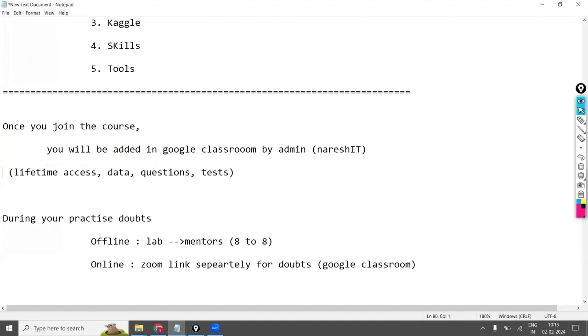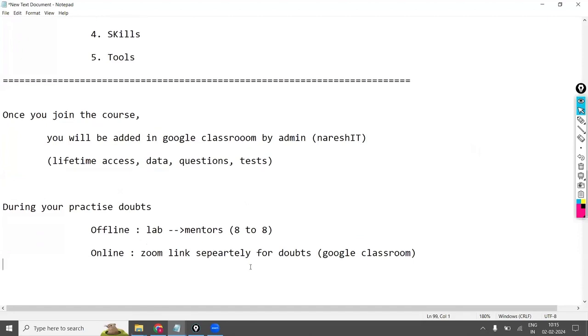and there you can get entire lifetime access to the notes. And the Zoom link will be shared separately for doubts, and you can join that and ask what doubts you are having. Share your screen, show the code. Without showing the code, if you ask questions, it is not possible to explain. Theoretical questions are different, coding questions are different.